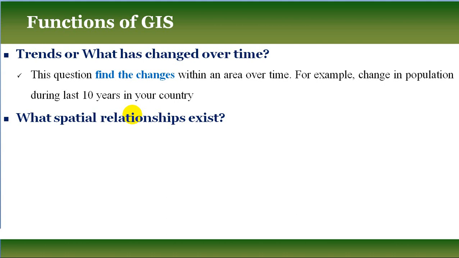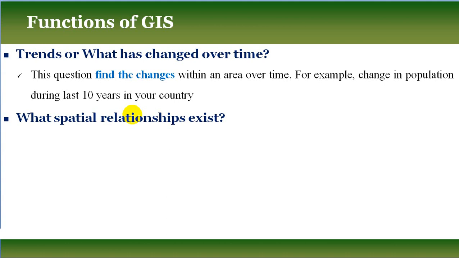Spatial relationship means whether one geographical feature is near to another, or they are adjacent to each other or not, whether two different types of geographical features are adjacent to each other or not. For example, district boundary and road, whether they are adjacent to each other. Those two types of geographical data are adjacent to each other or not.